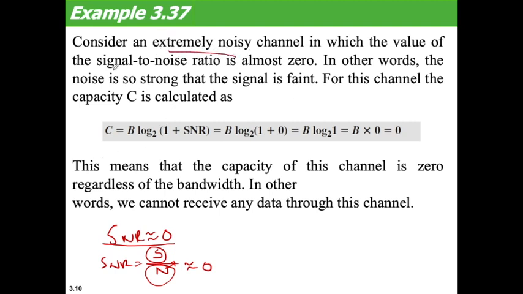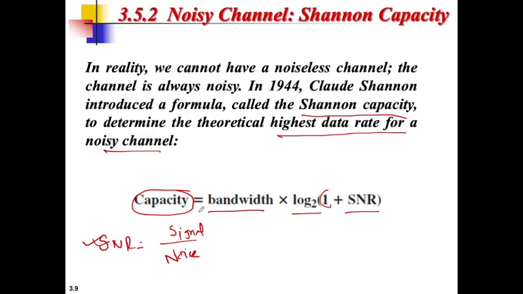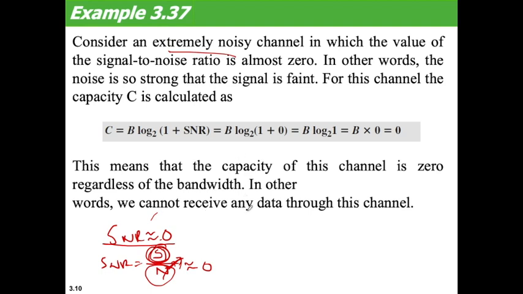So here you have been asked to consider an extremely noisy channel in which the value of signal to noise ratio is almost 0. And when we know that SNR is almost 0, we know for sure that the noise is so strong, the noise value is so high that we are getting a negligible amount of signal, right? So in this kind of channel, if we want to calculate the capacity by using this formula, how can we do this? Capacity is actually the bandwidth, right, which is B. We don't know the actual value, but we don't need that.